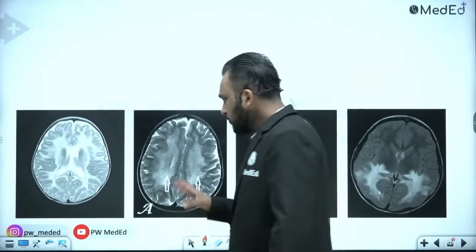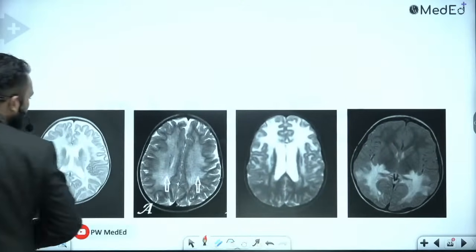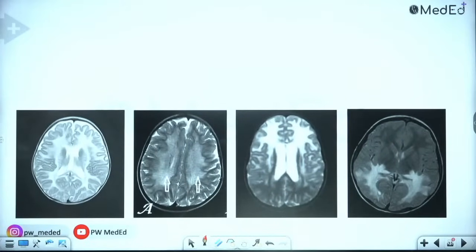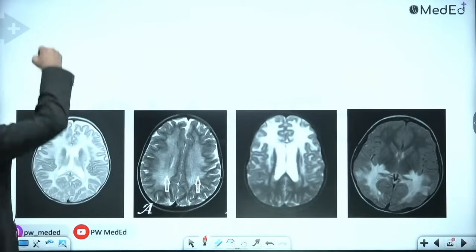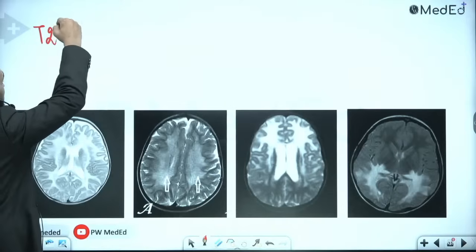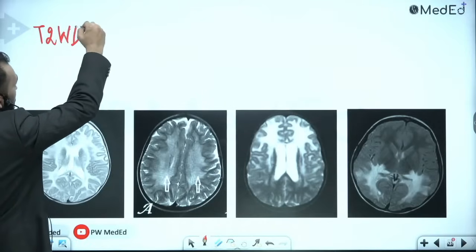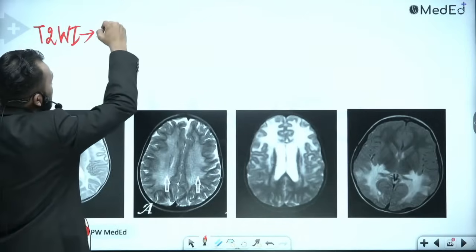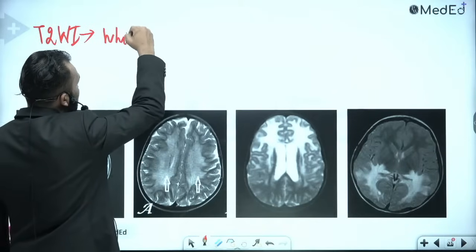So let us have a look at the various leukodystrophies. Guys, normally on T2 weighted images, your white matter appears black.